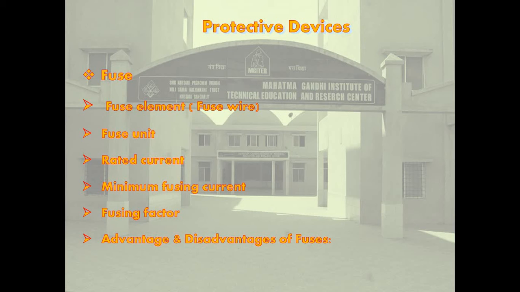In general, a fuse is a small metallic element inserted in between two terminals, mounted on an insulated base, and connected in series with the circuit. The fuse is a cheap and simple protective device, and is used as a circuit interrupting device under short circuit conditions.